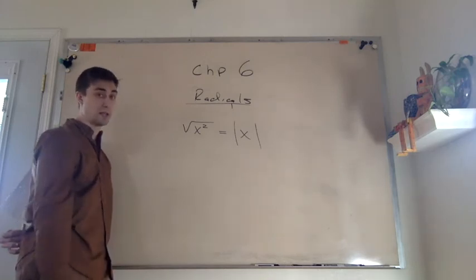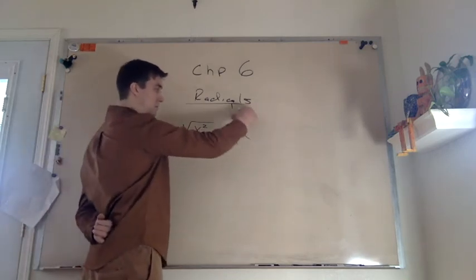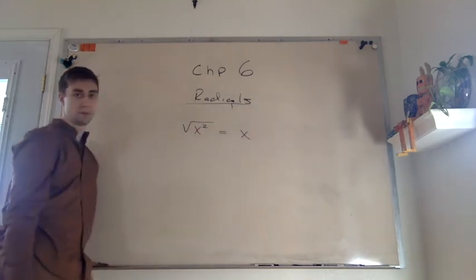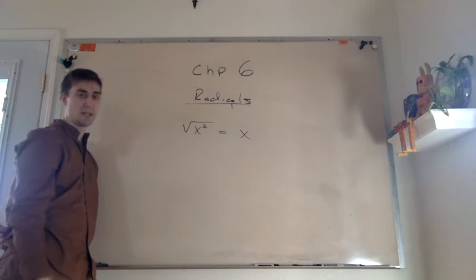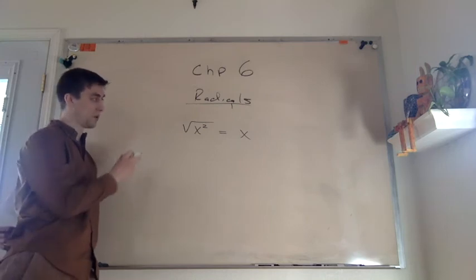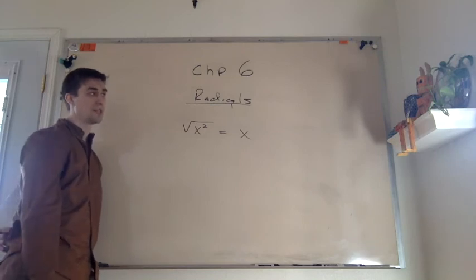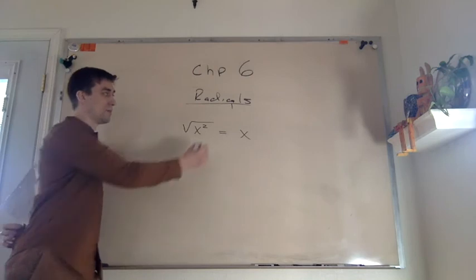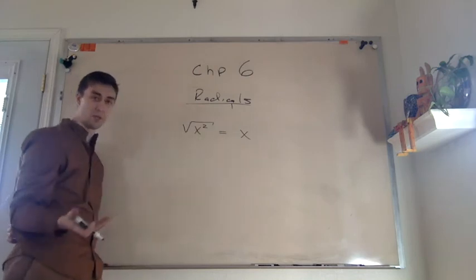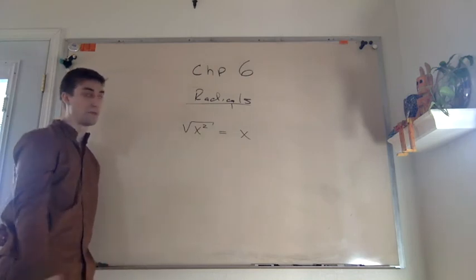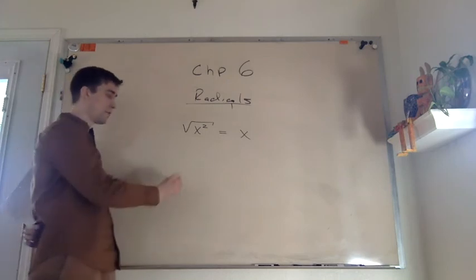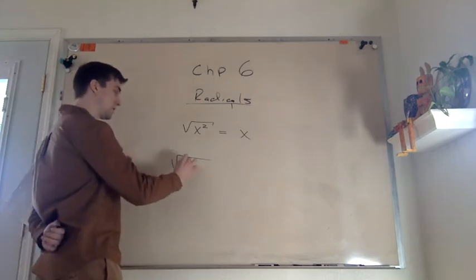And if that's the case, then this is true. If x is always positive, the square root of x squared will always be x. It's just a little bit helpful because now the simplifying work that we're going to be doing is even more simplified. You don't have to worry about the absolute value. So for example, do things like this.